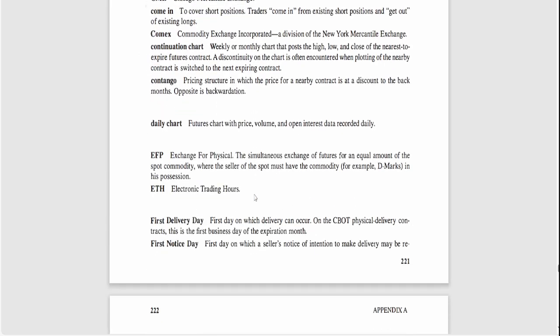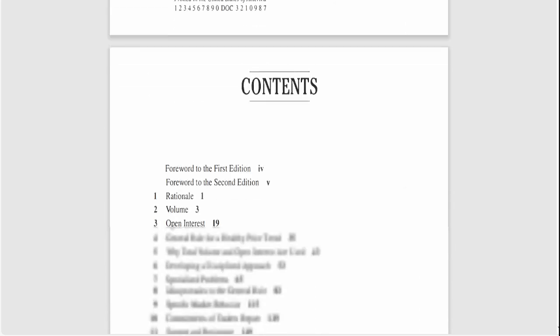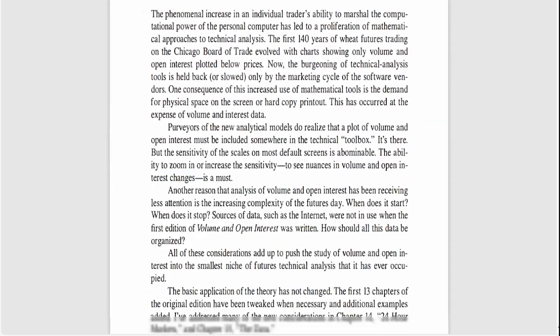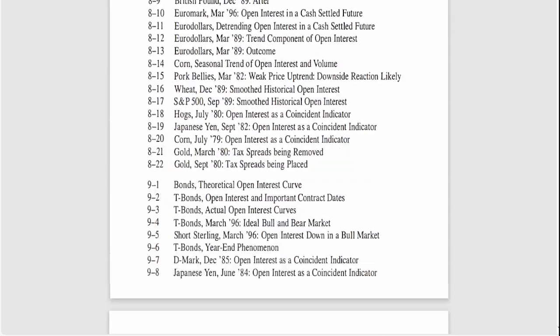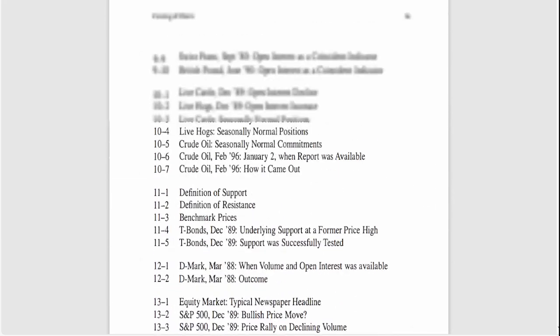But that's it. You have to read this book 3 to 4 times. Let me tell you, the most important chapters are open interest and court report.